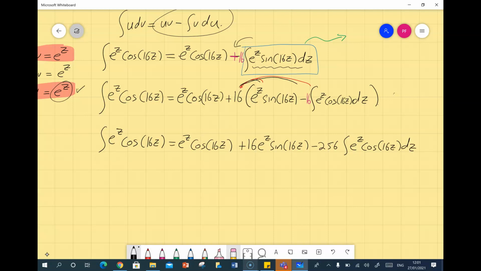So as we said, I've got minus 256 times the integral here, and I've got the exact same integral here. So if I bring minus 256 over, it becomes plus 256 times the integral. So the integral plus 256 times the integral is 257 times the integral.